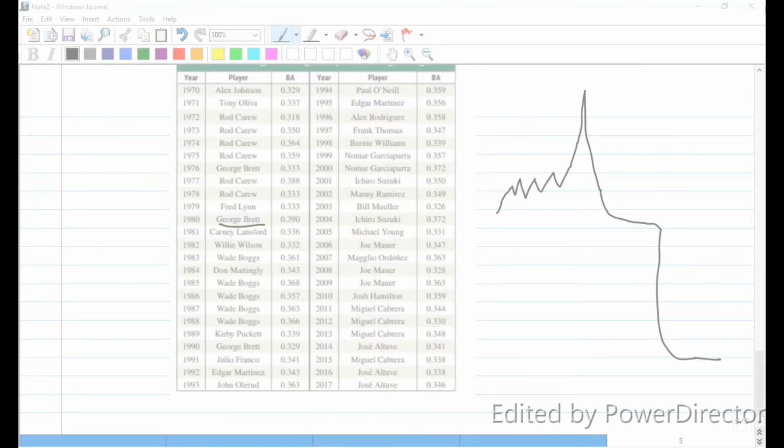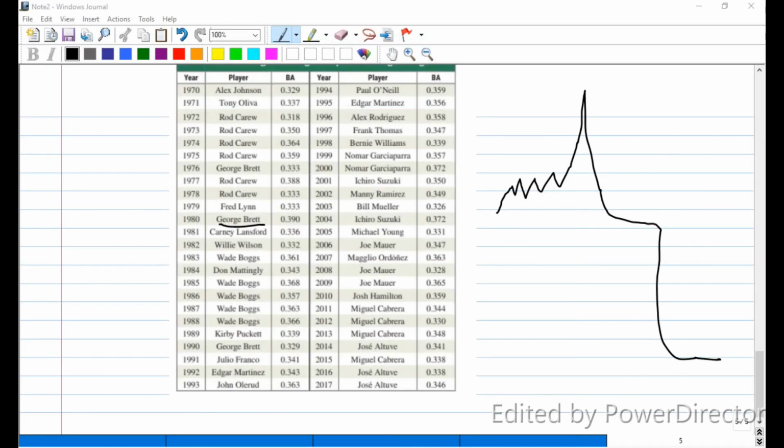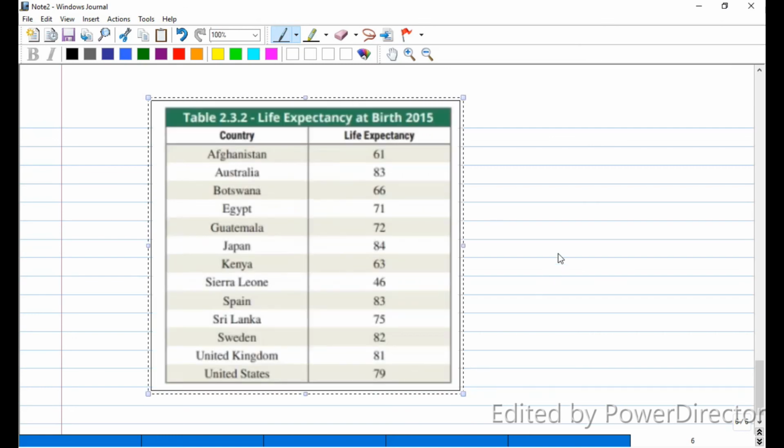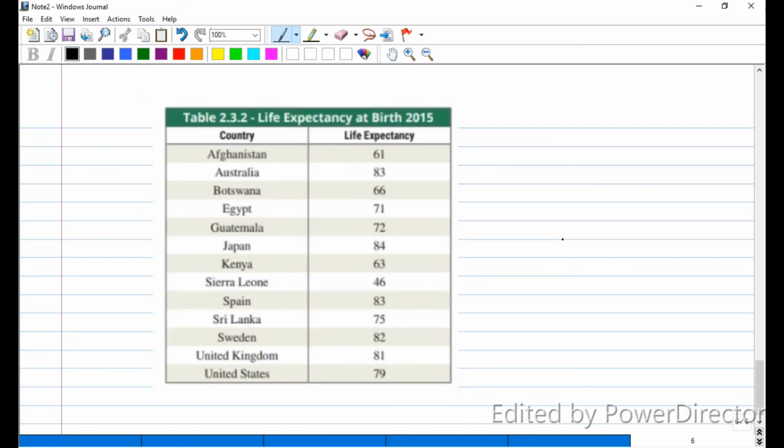Let's see what year this is. In 2015, right around the same time, this data was collected. Life expectancy at birth in 2015 was collected in these countries. So all around the same time they got this data. That's cross-sectional.